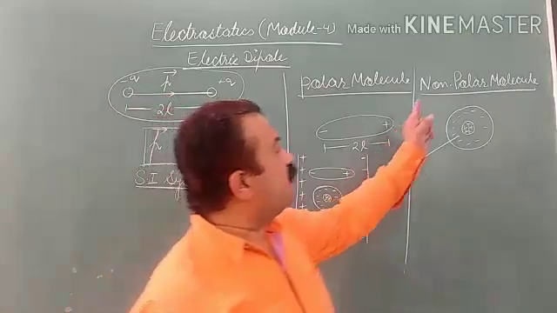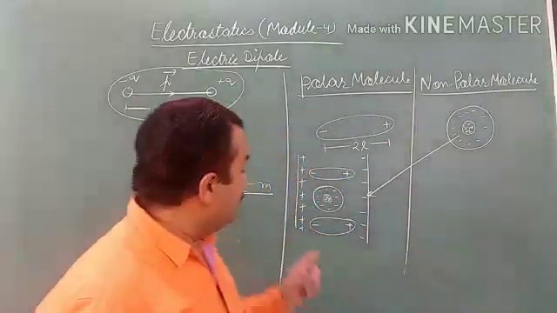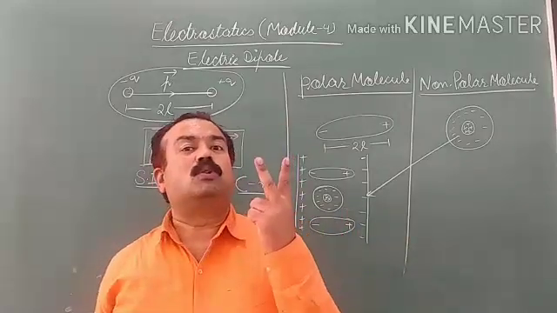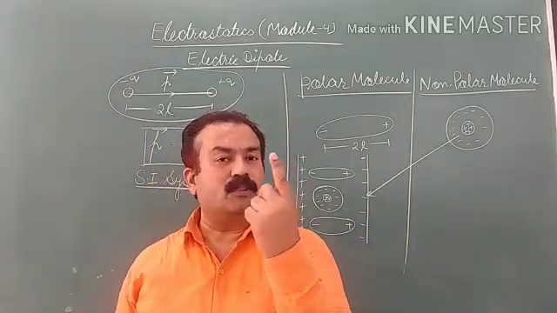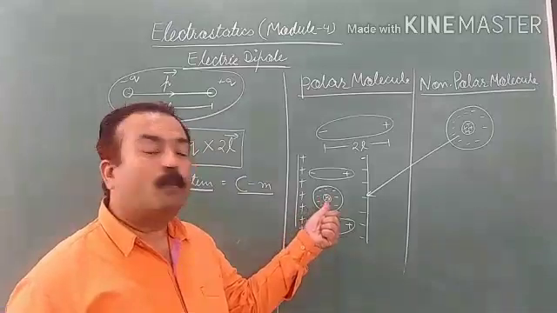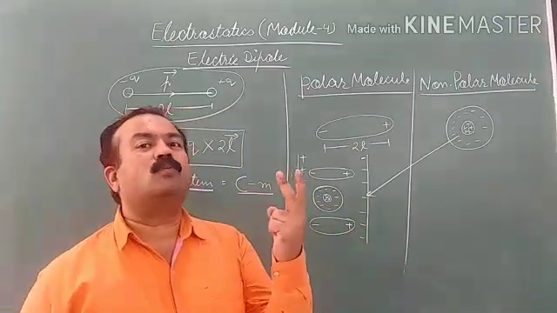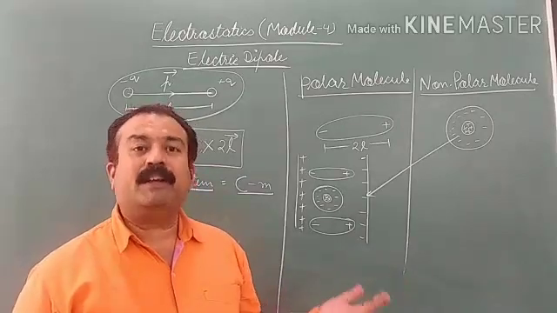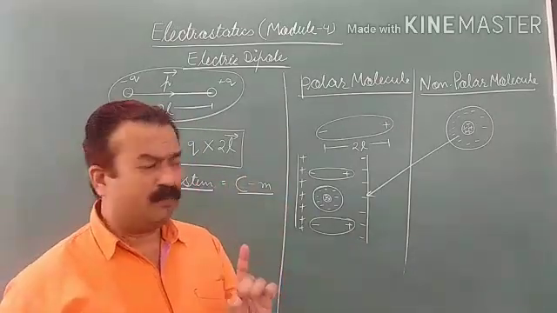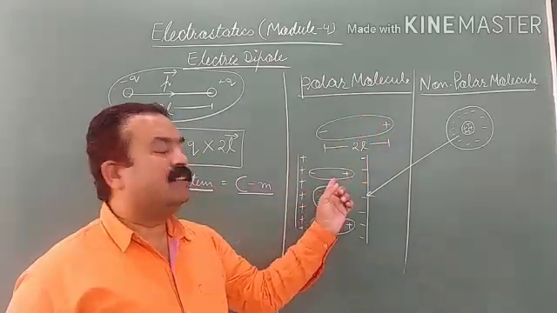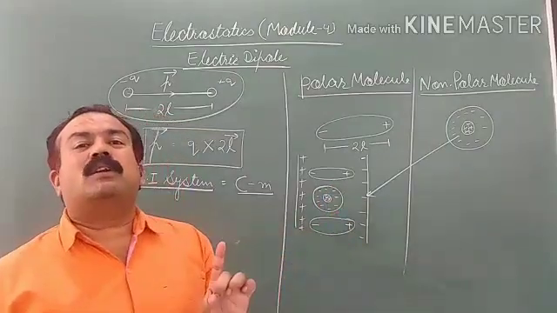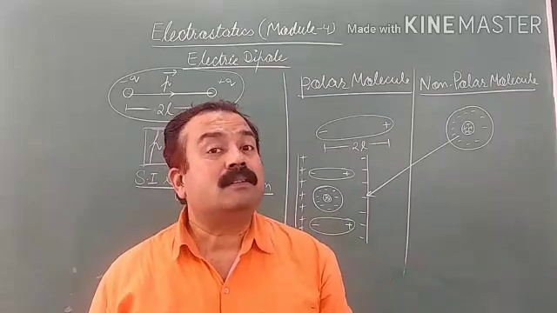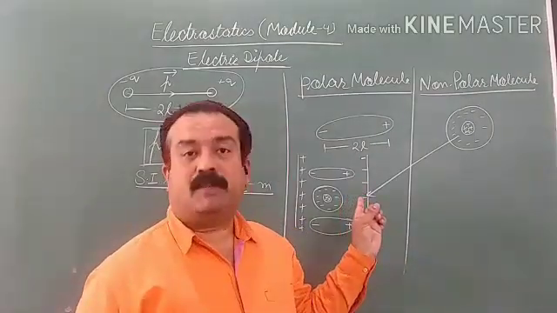So when we place a non-polar molecule inside a strong electric field, the electric field does two kinds of work. The first one is to make the poles, and the second one is to make the proper alignment. I am telling you again, if a polar molecule is placed inside a strong electric field, then only one kind of work is done by the electric field: just alignment.